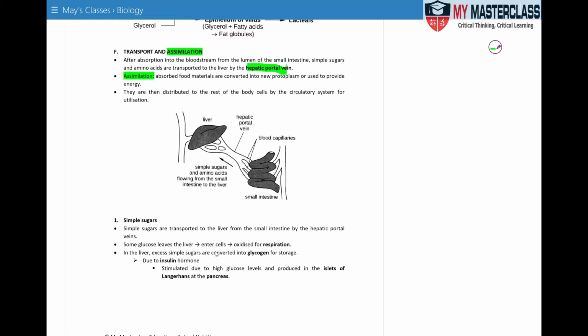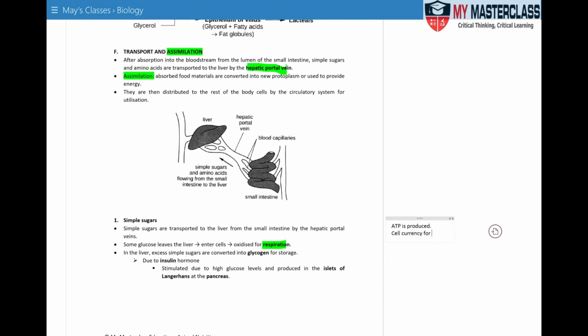Okay, so for simple sugars itself, they are oxidized for respiration. In the process of respiration, oxidation is the process that carries out respiration itself. What happens is that ATP is produced, okay, and ATP is the cell currency for energy.